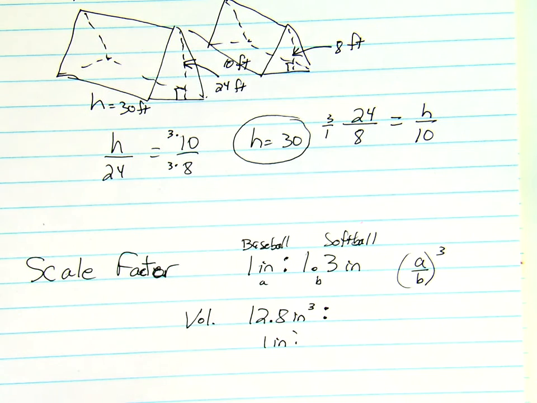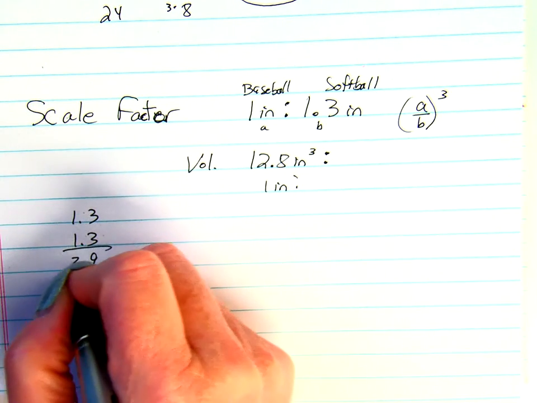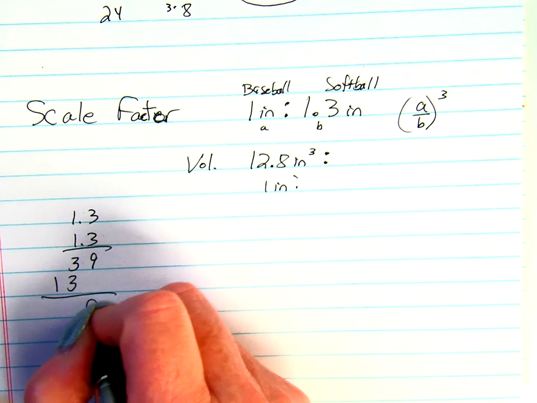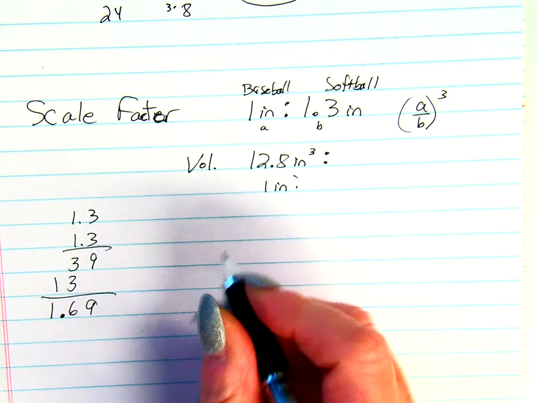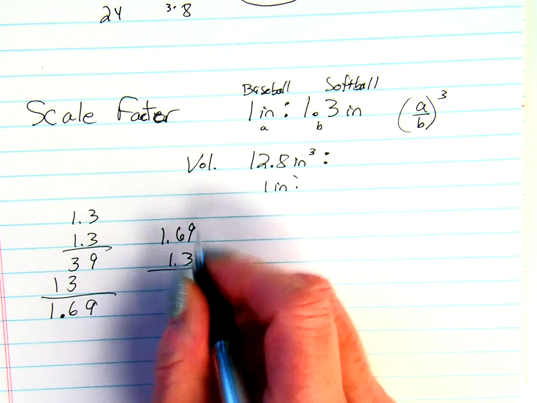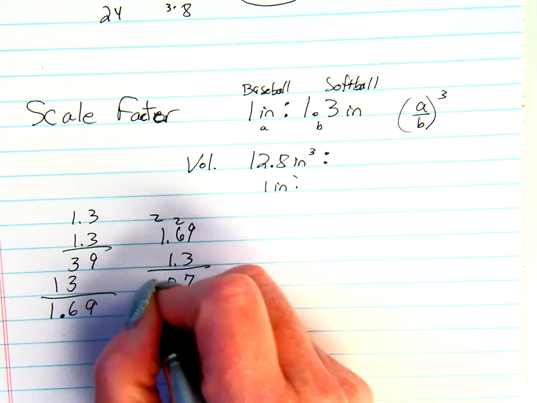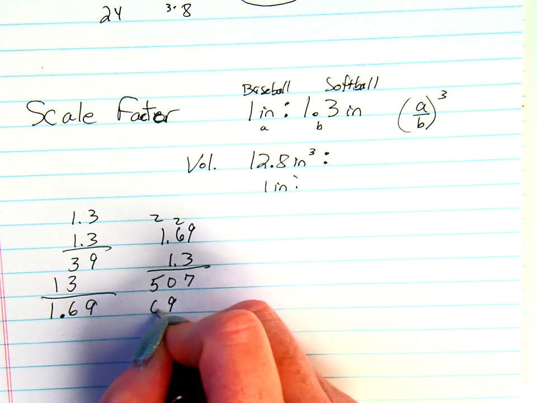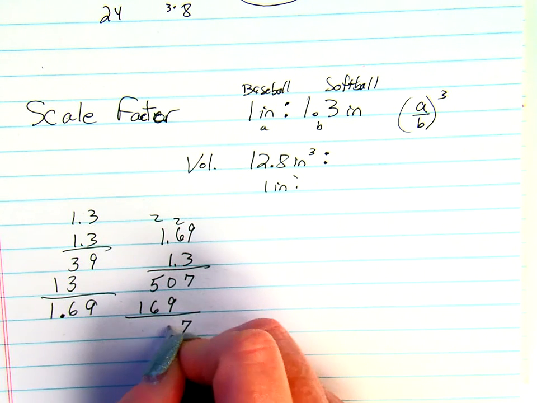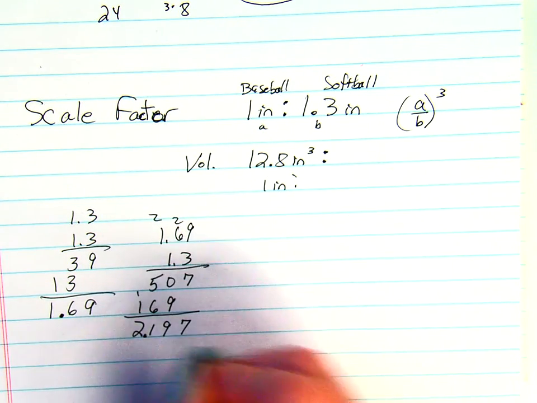But now I have to cube my 1.3. So we're going to say 1.3 times 1.3, which is 1.69, and 1.69 times 1.3 gives 2.197, with 3 decimal places.